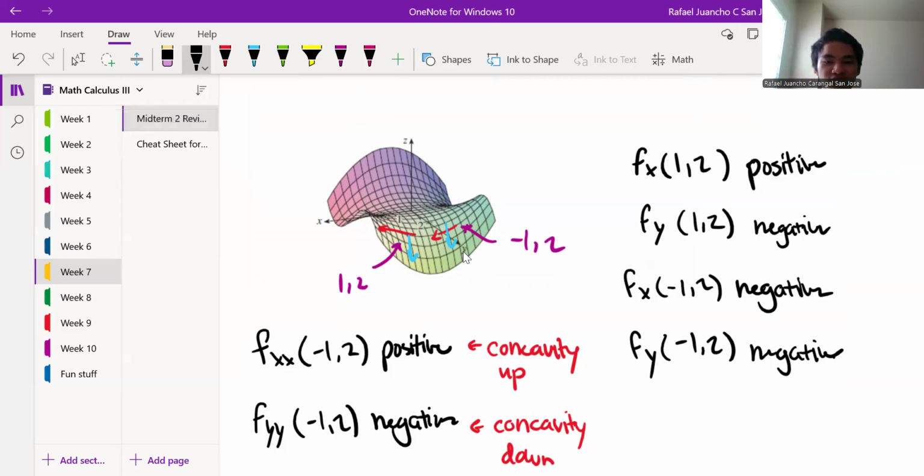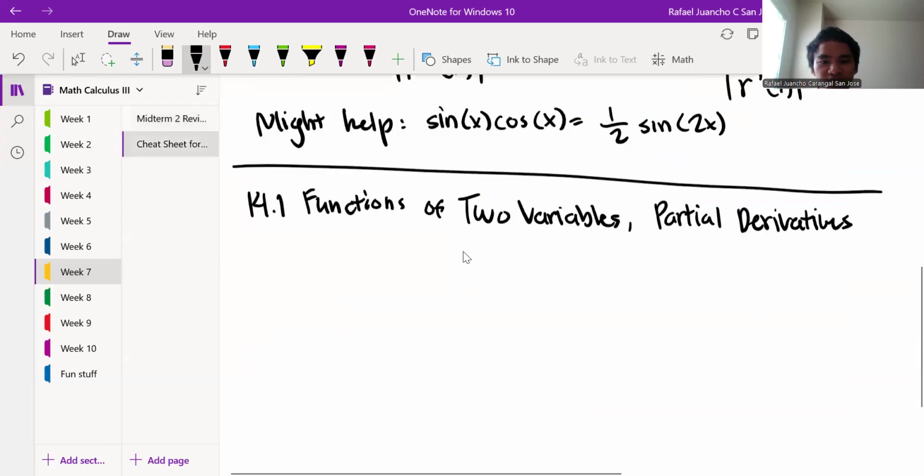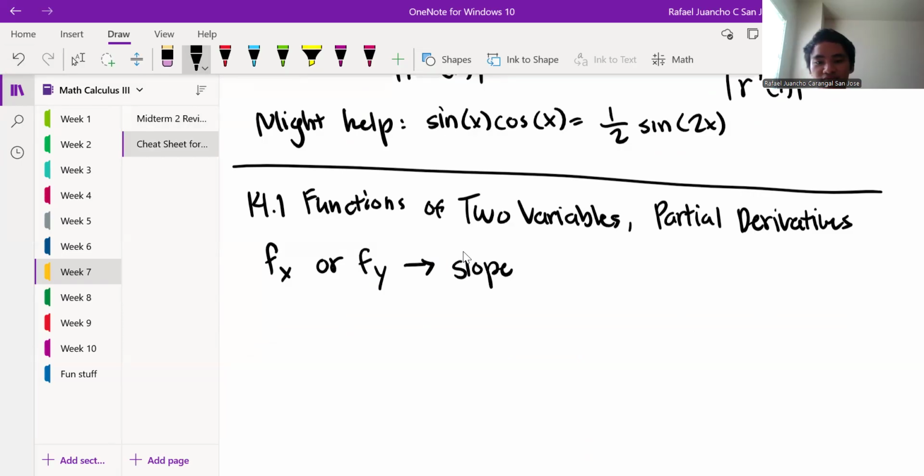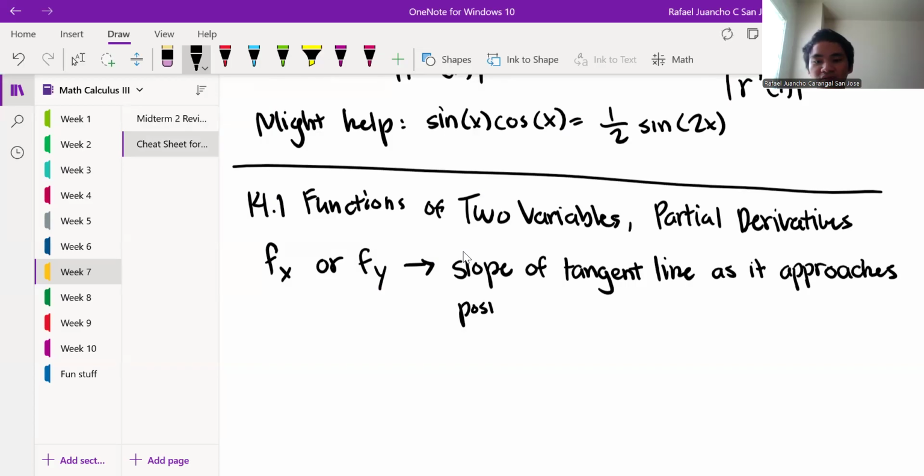Then when we're given variables, let's say like f sub x or f sub y, we're basically checking the slope of the tangent line as it approaches the positive x or y axis. It's really as simple as that.